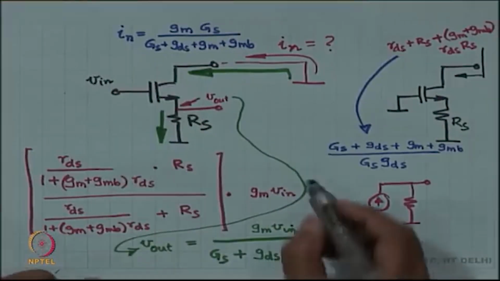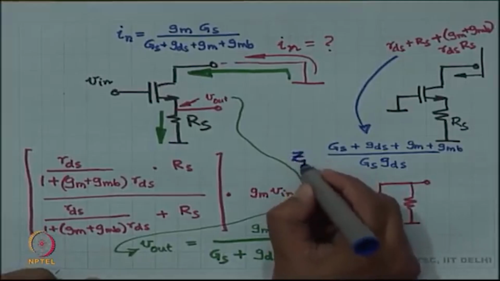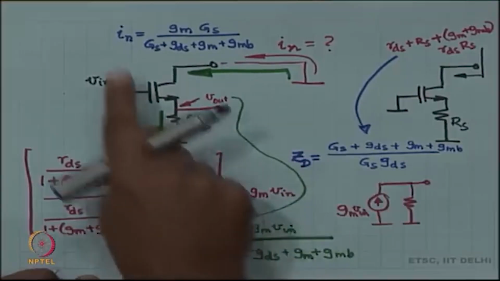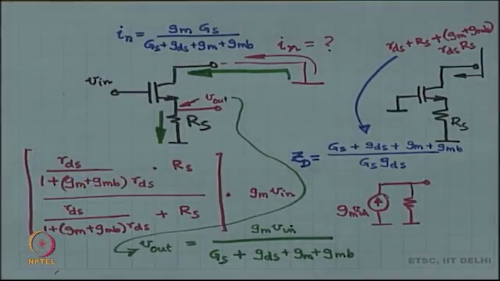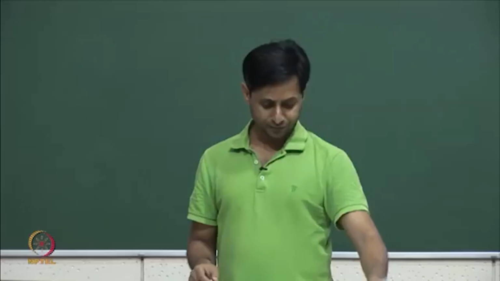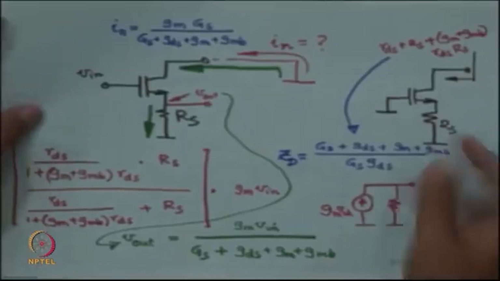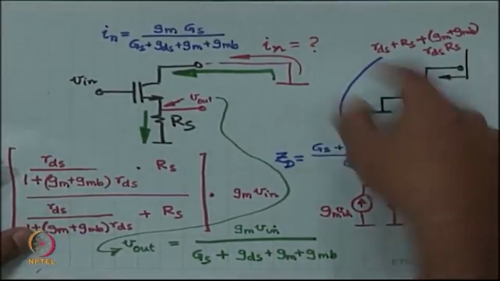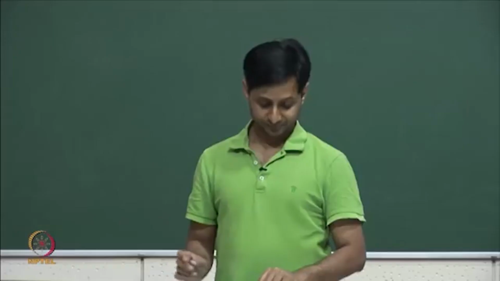over here, and I have the short circuit current over there. So, what is the model? The model for the circuit, remember I have taken out RD, RD is not there, the drain resistance is gone, right.